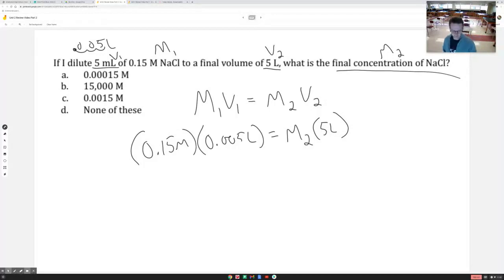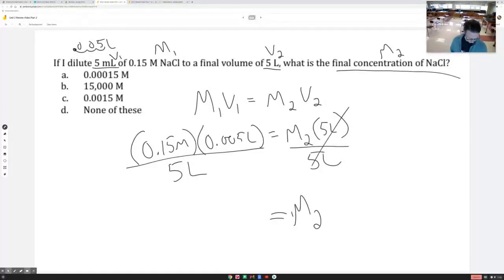To solve, I'm going to divide both sides by 5 liters, which cancels it out on this side. When I carry out that math, I end up with 0.00015 molar, which was choice A.